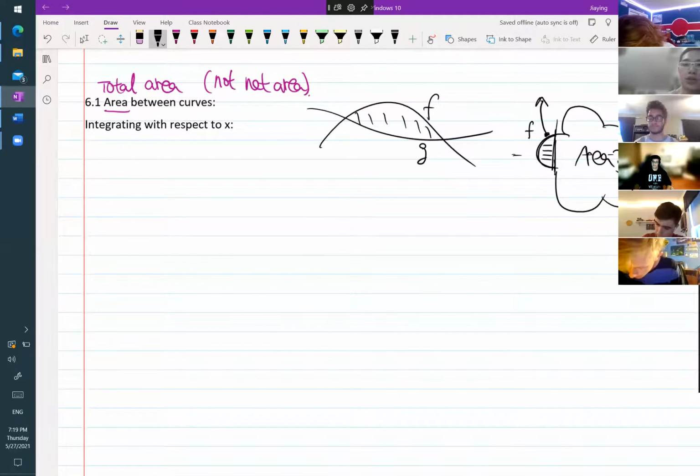Suppose we have this region A between function f and g.